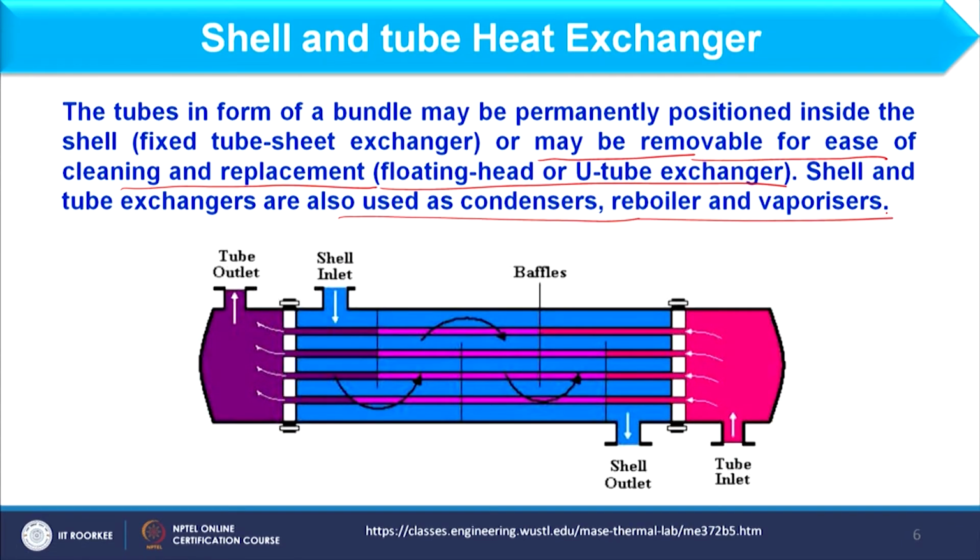Now, here if you see, we have the schematic of shell and tube heat exchangers, details you can find from this link, and here you see we have this tube sheet. Okay. So, these are basically the tube sheets at both sides of the tubes where tubes are inserted, as you can see here. Okay. Now, what will happen? This tube sheet separates the fluid which is moving in the shell.